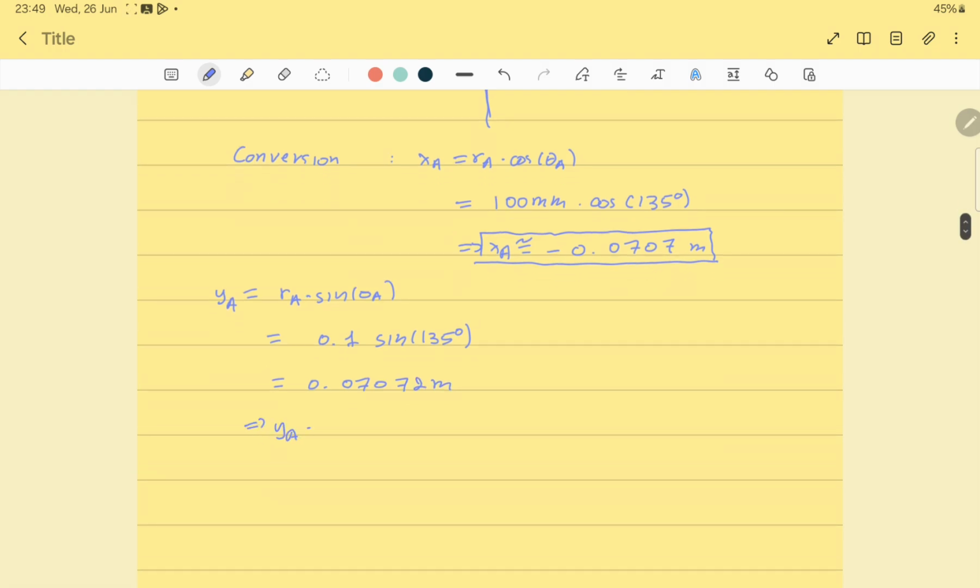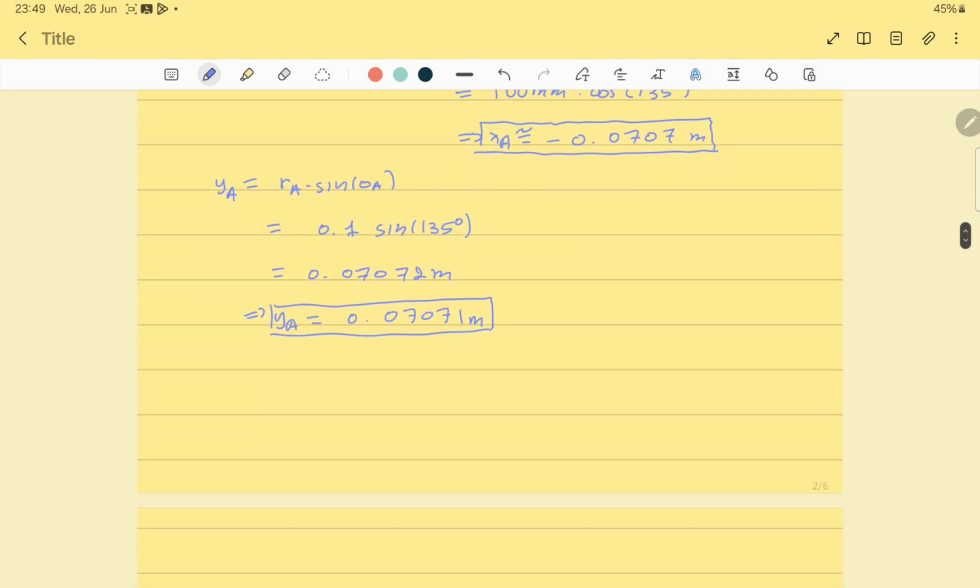Let's put this one also in a box. So my pair is XA, YA equals, I know the X coordinate and I write down the X and the Y coordinate.